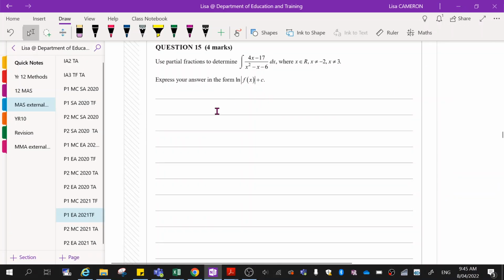So we're going to use partial fractions. Okay, so first thing I'm going to do in order to get this into the correct form is express this as two sets of brackets. So remember, it's got to add to give you this middle number and multiply to give you the end number.